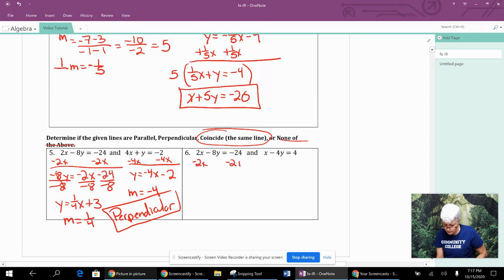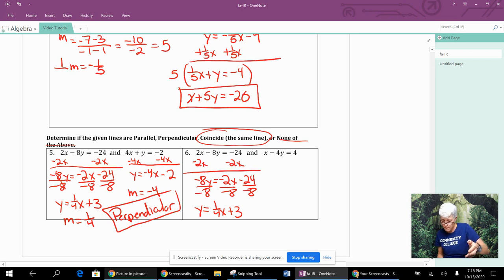-2x minus 2x. -8y equals -2x minus 24. Divide by -8 all the way through. Y equals positive 1/4 x plus a 3. So we have 1/4. Let's do the other one.